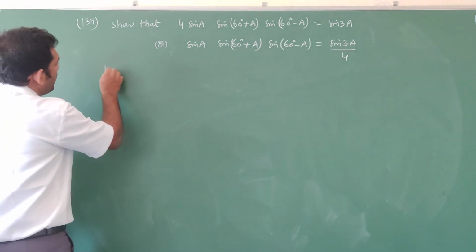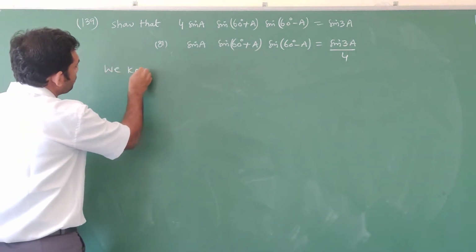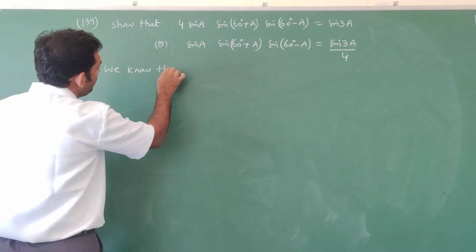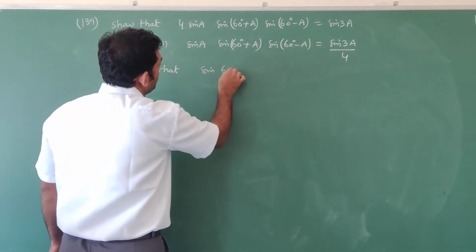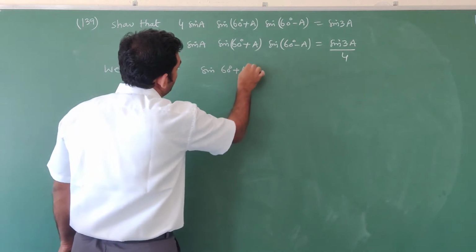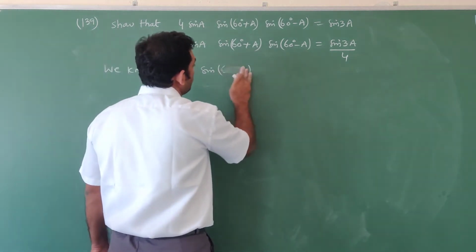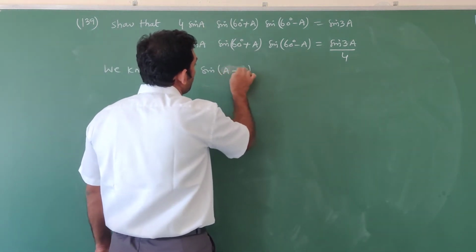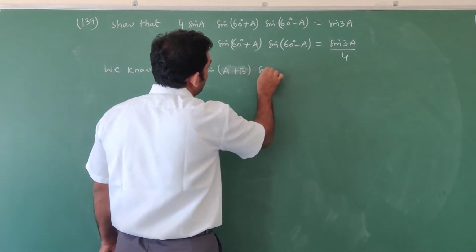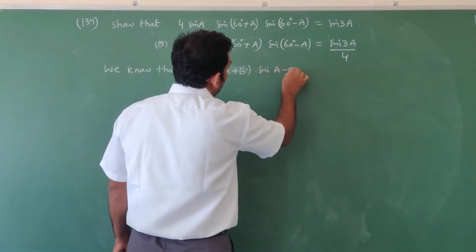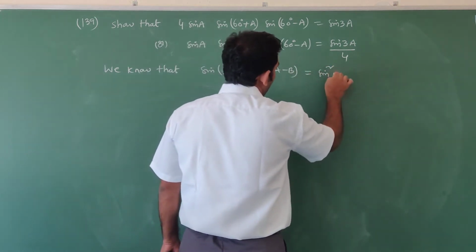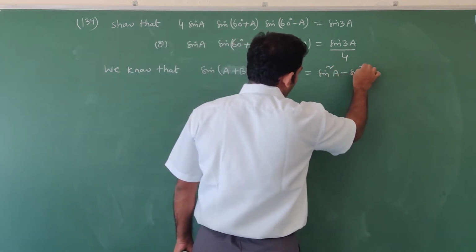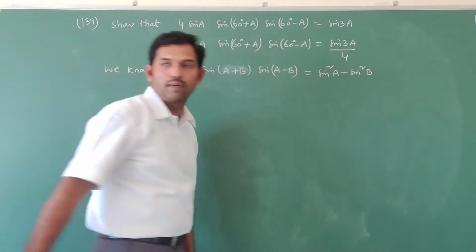See this. So we know that sin A plus B sin A minus B is equal to sin square A minus sin square B. We know this formula.